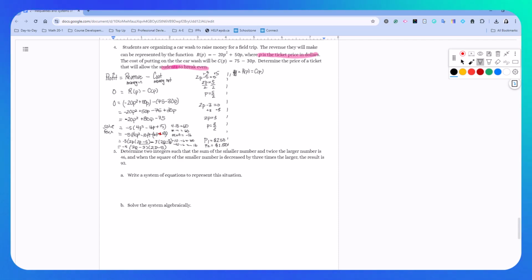So we're just going to substitute this value of Y for R of P and C of P. In other words, I get Y equals negative 20p squared plus 50p. And then on the other end, I get Y equals 75 minus 30p.